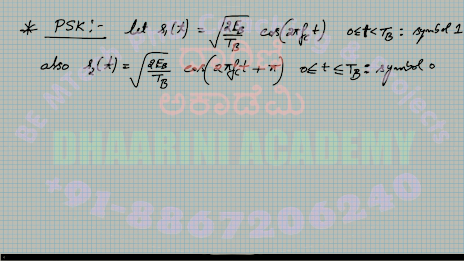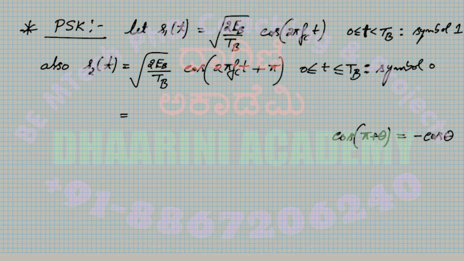Okay, now you see, actually I can write the S2 of t in a slightly different way. What is cos of 180 plus theta? If you remember, there is a property. So cos of pi plus theta can be simply written as minus cos theta. Correct? Do you remember?